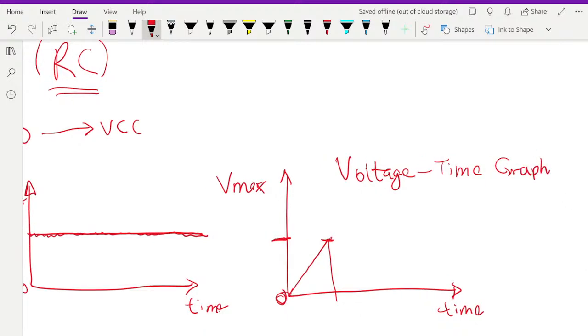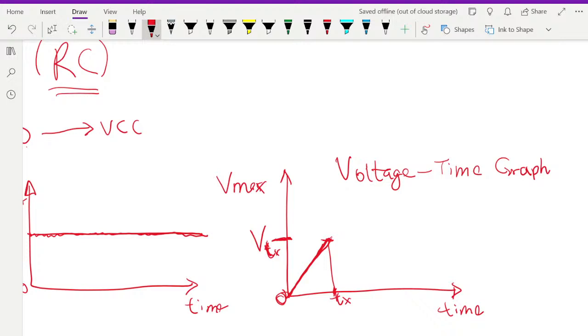Now, in this voltage time graph, this is going to be our expected V. So let's just call it VT, V at time T, voltage at time TX, and then this is going to be our TX. The time it takes to build up makes this appear as an AC circuit, because this is not a straight line, it's a jitter.